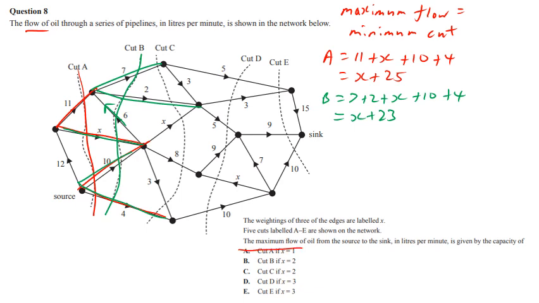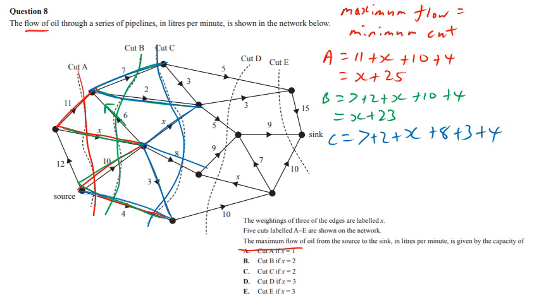Let's do another color. Let's do cut C. So C equals, we've got 7. It's a bit annoying, it's very close to that line there. Plus 2 plus X plus 8 plus 3 plus 4.